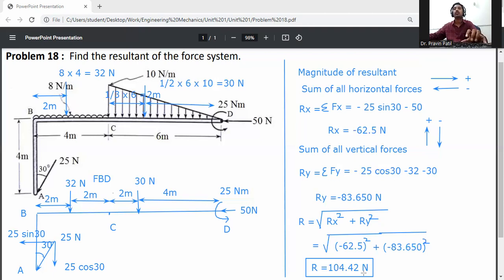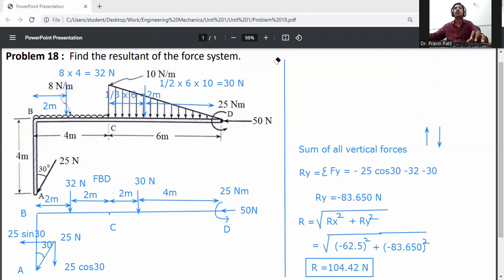So this is the magnitude of the resultant. Now calculate the direction of the resultant. Then tan theta is equal to Ry by Rx, that is summation Fy by summation Fx.